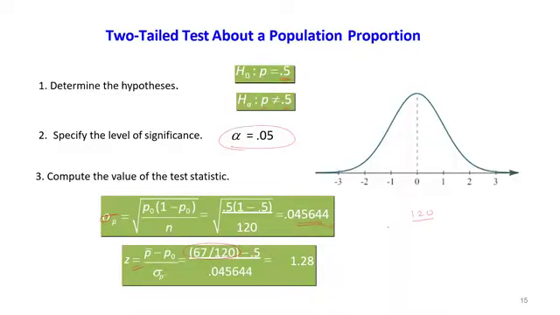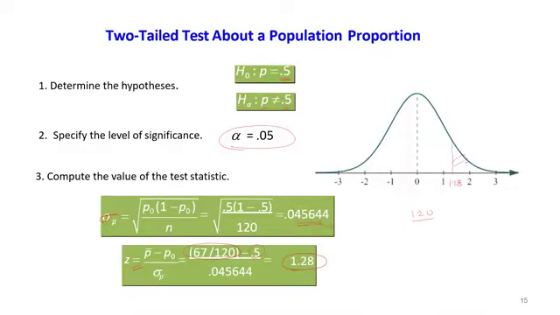So what is the proportion of drunk driving cases? It would be 67 divided by 120, minus this value which is given to us, divided by sigma. So we will get the Z value. This Z value is falling on the right hand side of the distribution, which is 1.28.